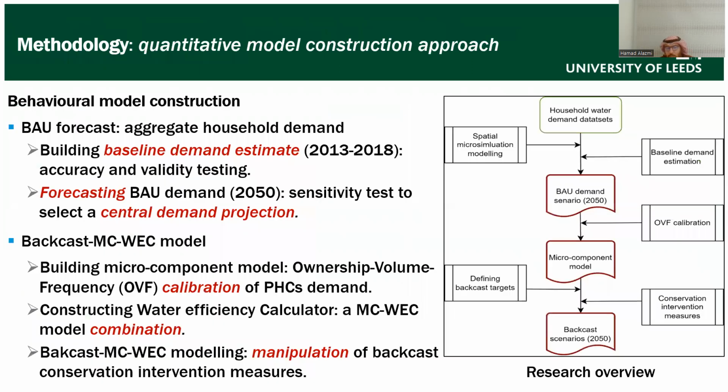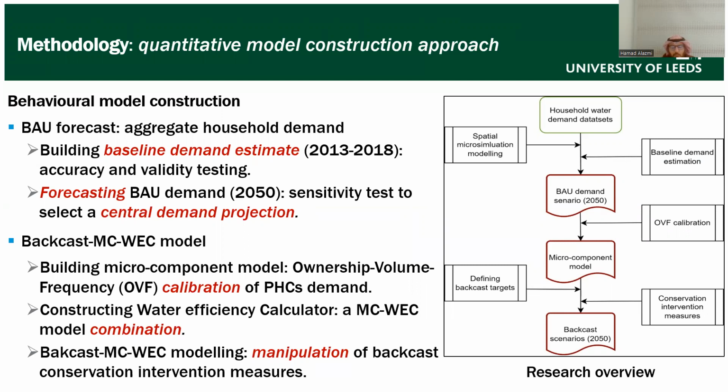In this study, we have constructed a behavioral model that started with building the conservation forecast, in which the baseline demand estimate from 2013 to 2018 has been generated and validated against the observed demand for the same period.